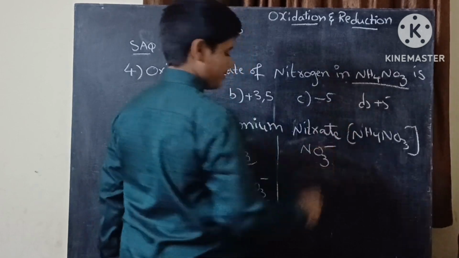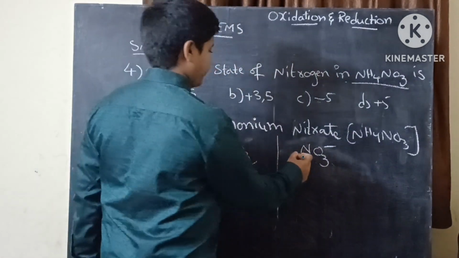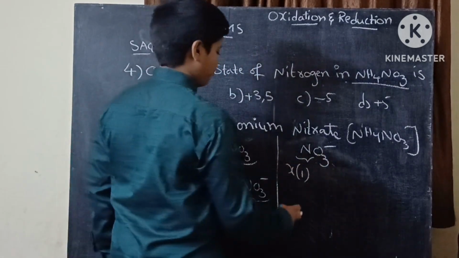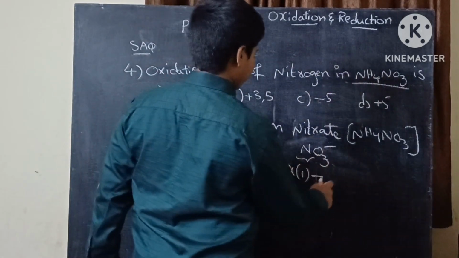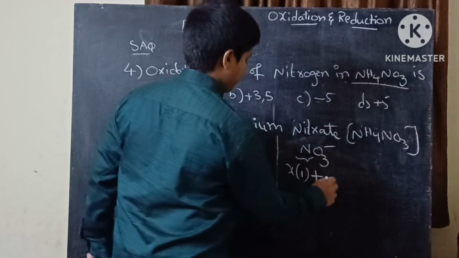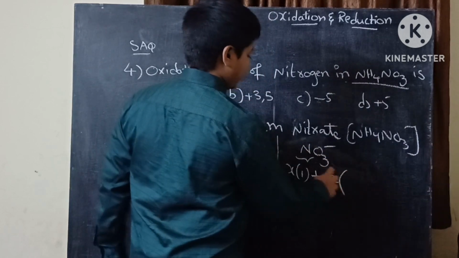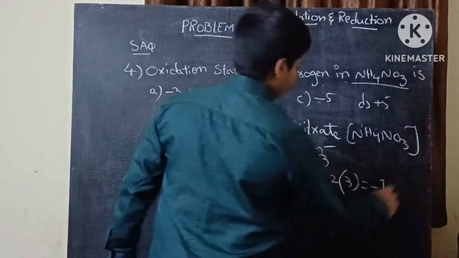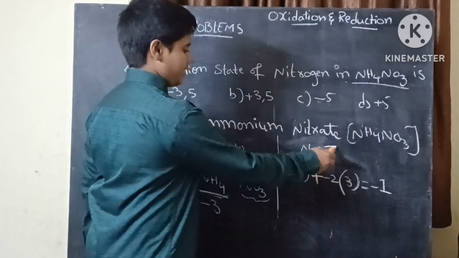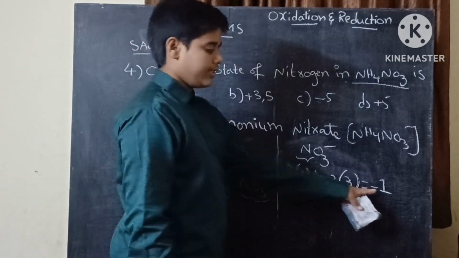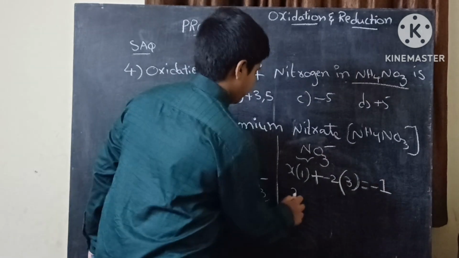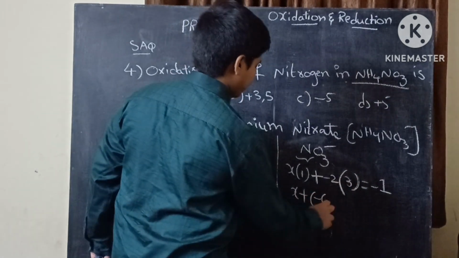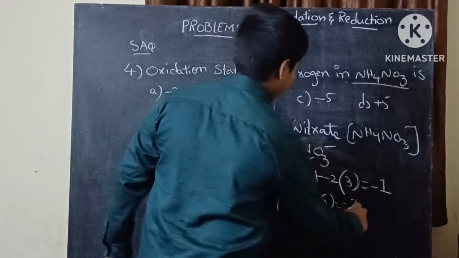NO3 minus. In this, I am taking nitrogen as X. One atom is there, X into 1 plus the oxidation number minus 2 into 3 atoms, into 3, equals minus 1. Here the residual charge is minus 1, so we have to equate with minus 1. So X plus 2 minus 2 into 3, minus 6, equals minus 1.